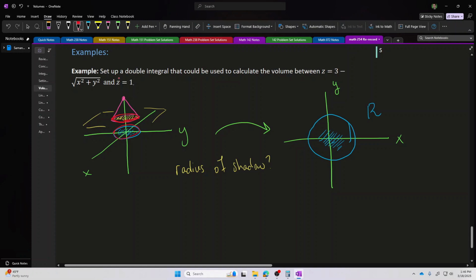So I want to take the equation of the cone and set it equal to the equation of the plane to see where they intersect.